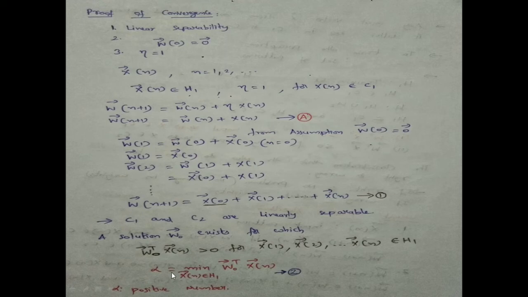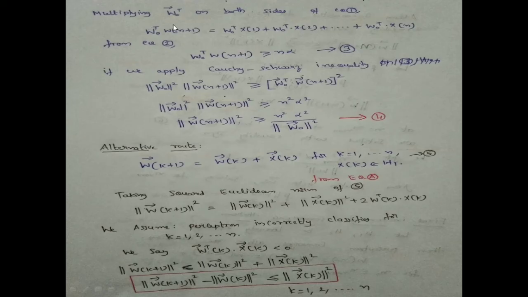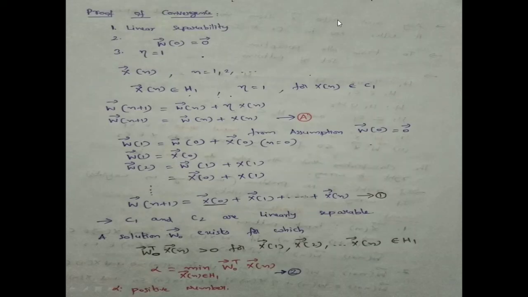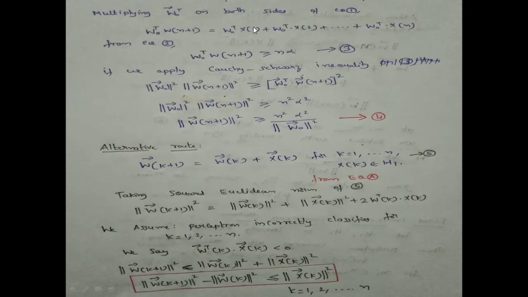So we now define a positive number alpha. Alpha is defined as the minimum of W0 transpose x of n, where the vector x of n belongs to the subset H1. Now multiplying W0 transpose on both sides of equation 1, we get W0 transpose into W of n plus 1 is equal to W0 transpose x1 plus W0 transpose x2 plus, and so on, W0 transpose x of n.